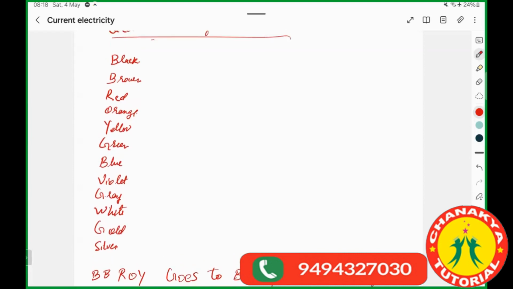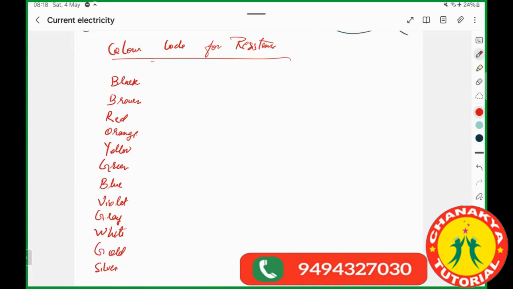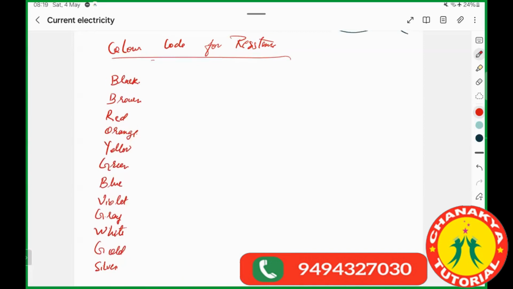Okay, now how to use this? That is the second thing. Once you remember this, the second thing is how to use it. So let me first give you an introduction on how to read these numbers. First digit, next digit, multiplier and tolerance.